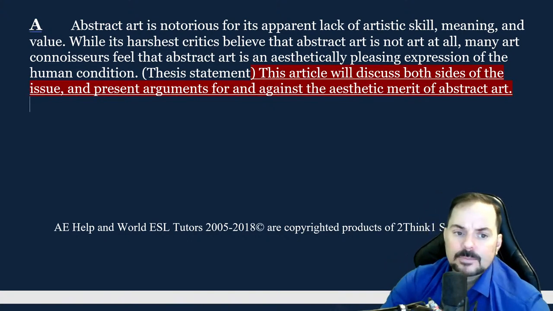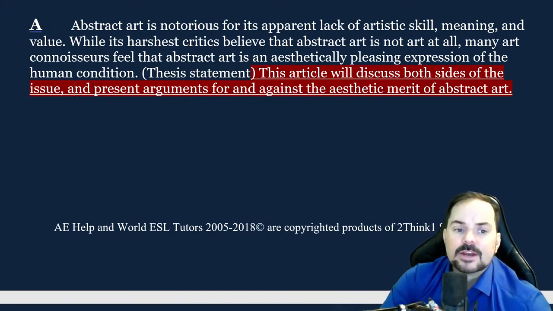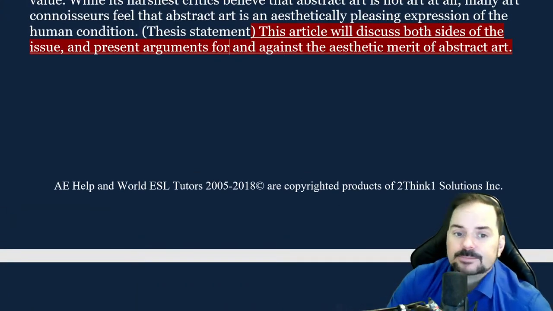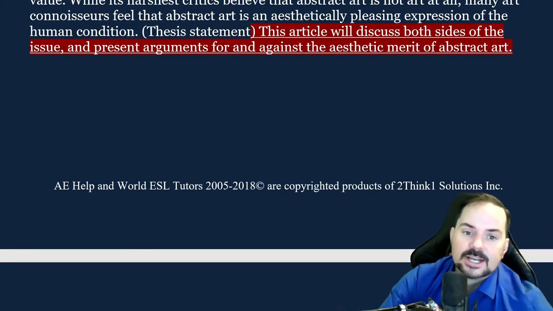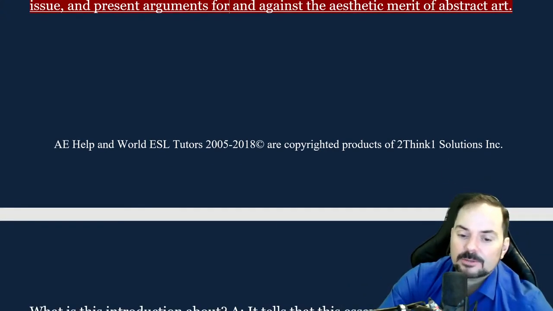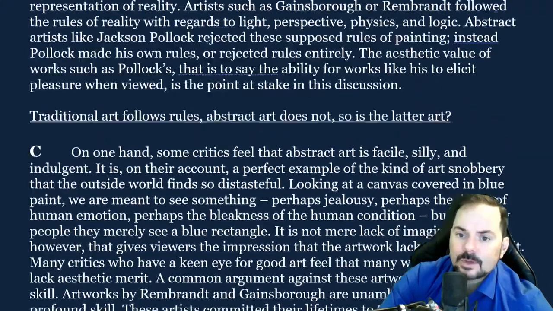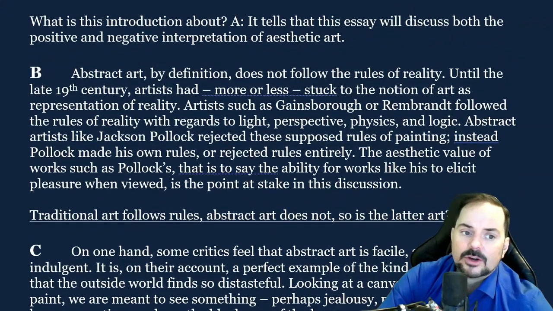And I can see here that it will present arguments for and against the aesthetic merit of abstract art. So I know that this essay is organized, I mean, it should say against and for, but let's keep it the way it is, in such a way that it's one side then the other side. Now, here the thesis is a little bit backwards. It should be the other way, but if I keep reading, it does make sense because I see that paragraphs B and C are against.